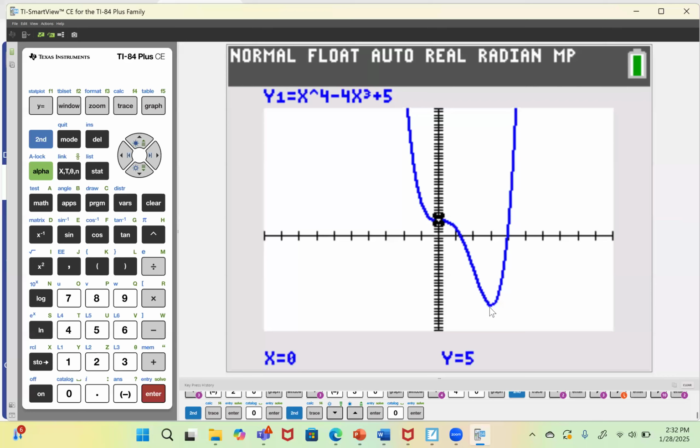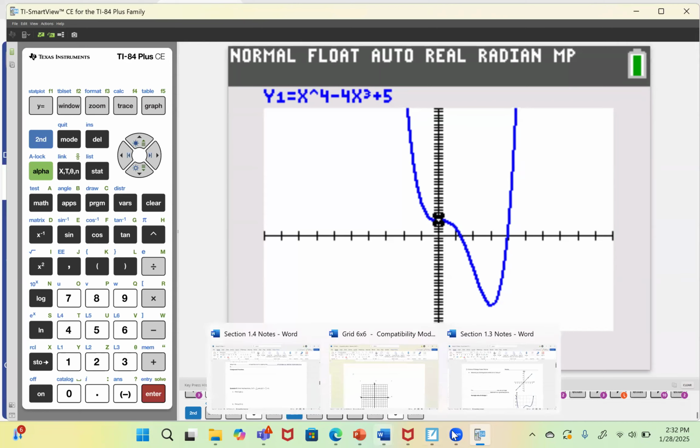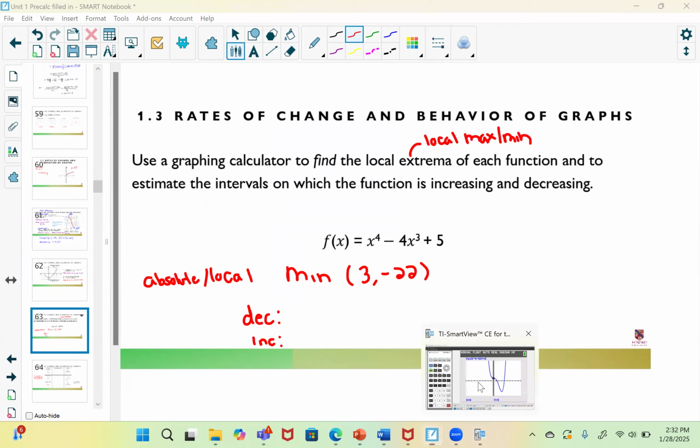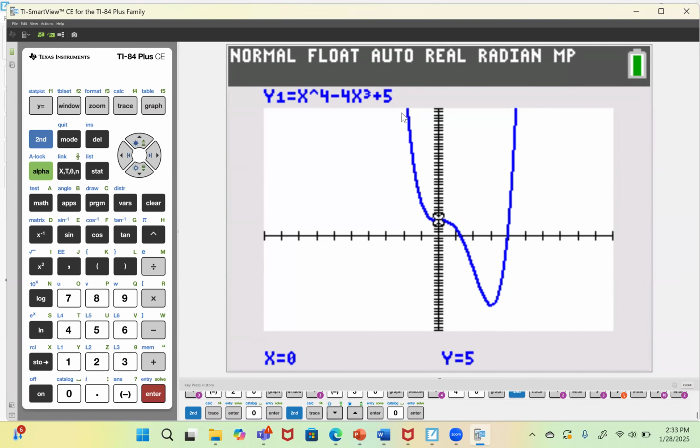But the other point, where it changes from decreasing to increasing, is at x equals 3, which we found from the min. So what we could say is my function is decreasing from negative infinity until we get to that 3.